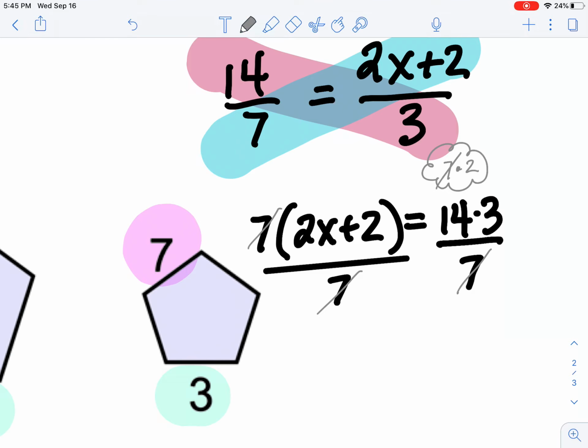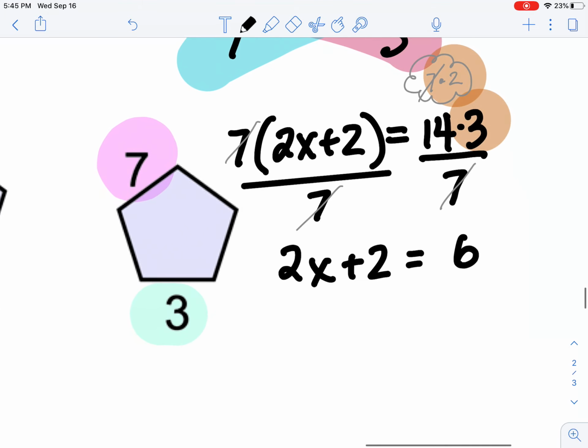And then that would give us 2x plus 2 on the left, and on the right, we would only have left now the 2 and the 3 on top, because the 7's canceled out, so we would just have 2 times 3, which is 6 on the top.